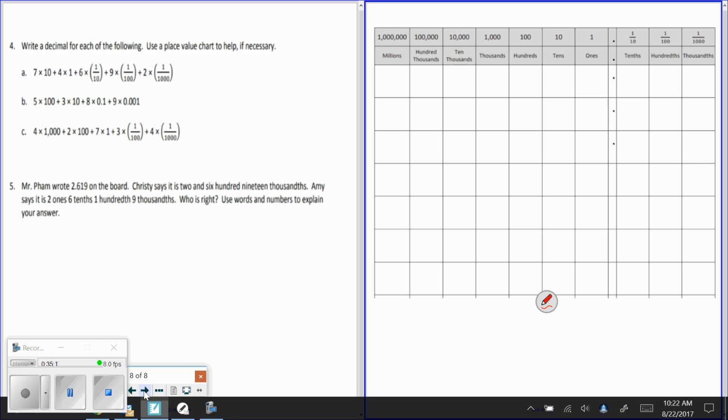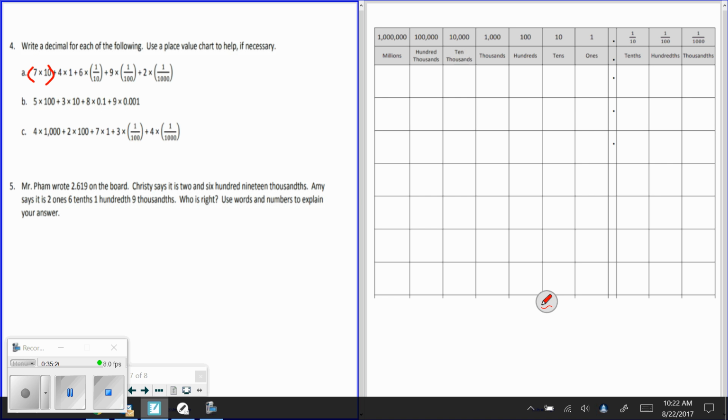So you can always go, okay, there's 7 times 10 plus 4 times 1 plus 6 times the tenth plus 9 times the hundredth. You can always go through and group your stuff, because I don't like that being all one long number sentence. It's too much for me. You do it however you want to do it. I just know what works for me, and that has a tendency to be what works for y'all too.